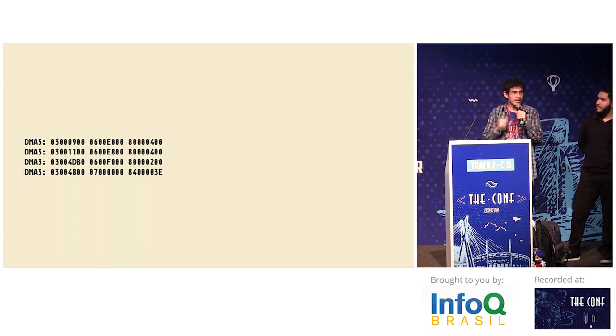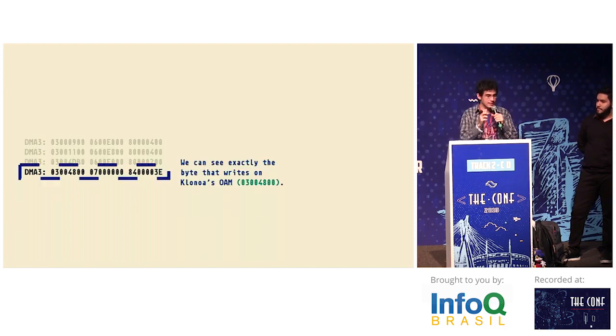Reading again the DMA logs on No$GBA, we can see exactly the batch that it writes on Klonoa's OAM. So the batch from this address is copied to Klonoa's OAM, and the value on OAM that defines the Y position is the first.